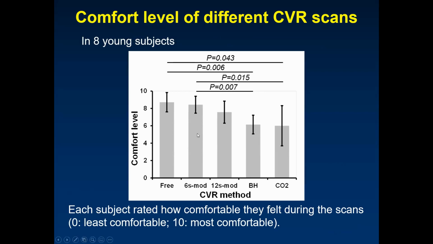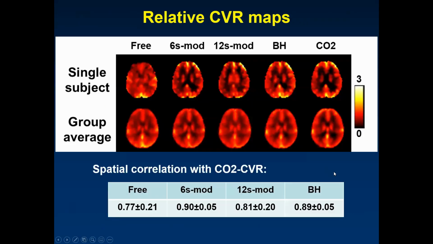And you can see that the breath holding and the CO2 scans have similar comfort level scores, which are significantly lower than the breath modulation methods and also the free breathing method. And the 6 seconds breath modulation method has a similar comfort level as the free breathing scan.